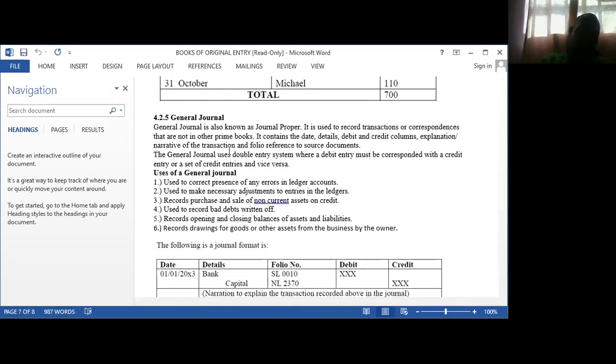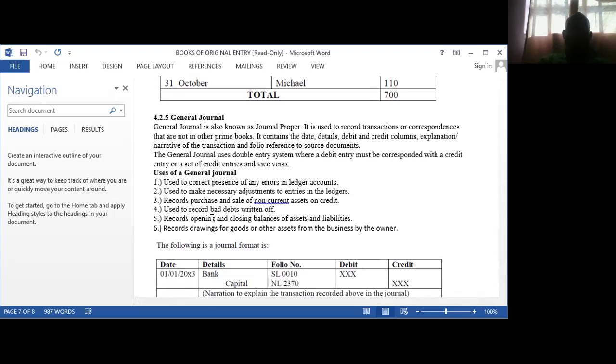If the business buys or sells fixed assets, they cannot be recorded as sales because those items are beyond the normal business operations. So if, for example, we buy a motor vehicle on credit, we cannot record it on purchases because that is not a good. If we sell furniture, that cannot be recorded on the sales because furniture is not a good.